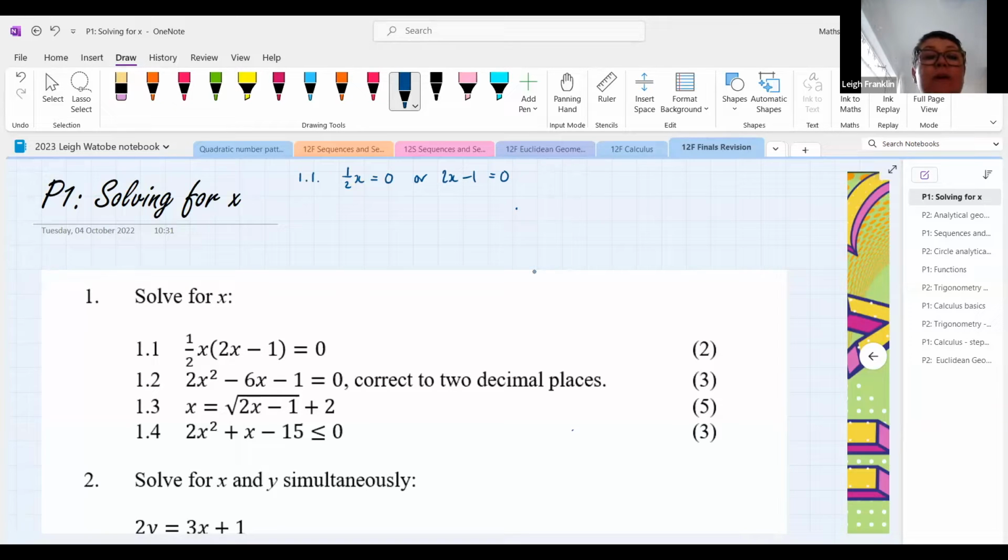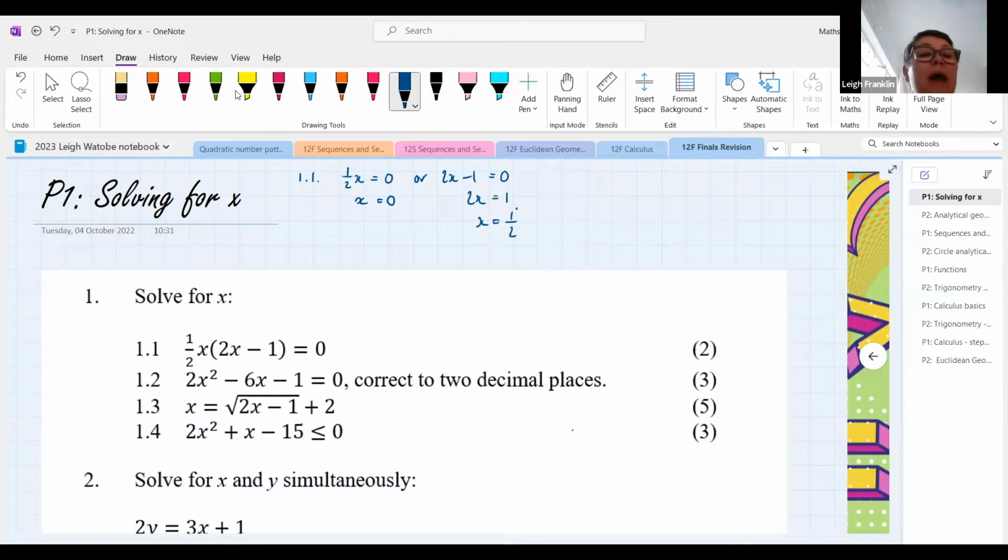All right, so if half x is equal to 0, if I multiply both sides by 2 or divide both sides by a half, it doesn't matter, because when I multiply or divide 0 by anything, my answer is going to be 0. On this side, I would take the 1 over, and now I'm going to divide both sides by 2.